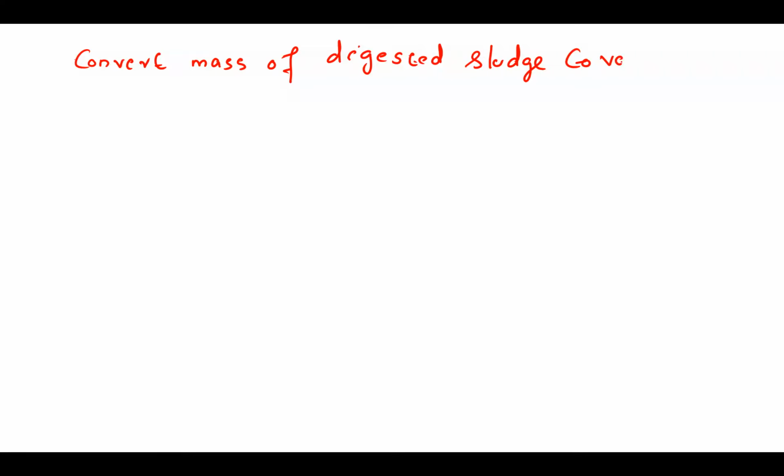So here we have to convert the mass of digested sludge to volume. You know that density is equal to mass by volume, right? So then volume is equal to mass by density.